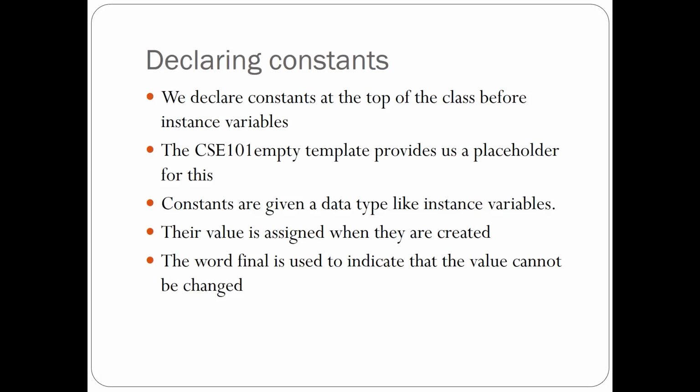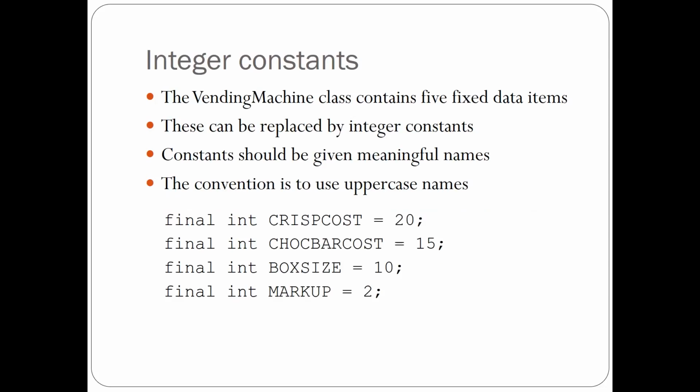With constants, we declare them almost exactly the same as normal instance variables. There's just a slight change in that we add the word final at the beginning of them to indicate that it can't be altered during the program's running. So the 4 integer constants that we're going to use in the vending machine class have some declaration examples at the bottom here.